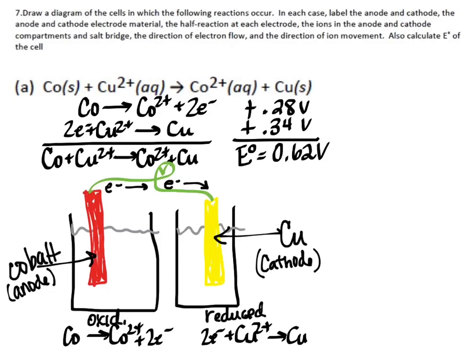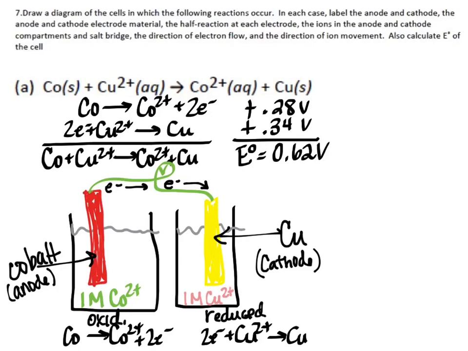What is the solution that the cobalt metal is in? 1 molar cobalt 2 plus. And in the other one, we have 1 molar copper 2 plus.